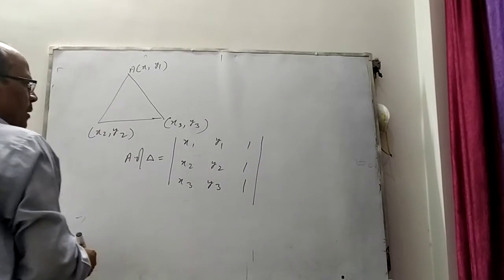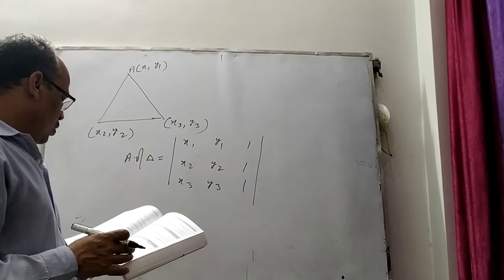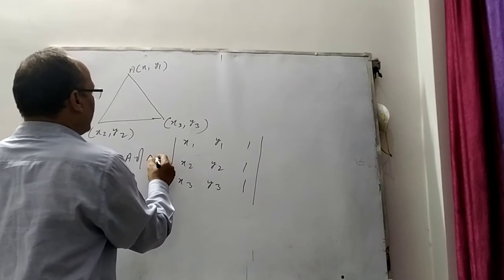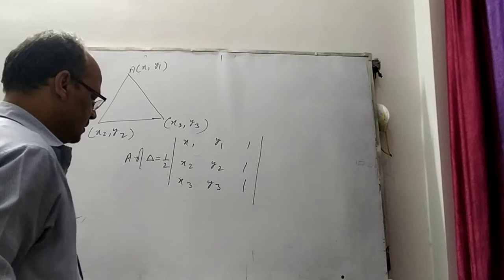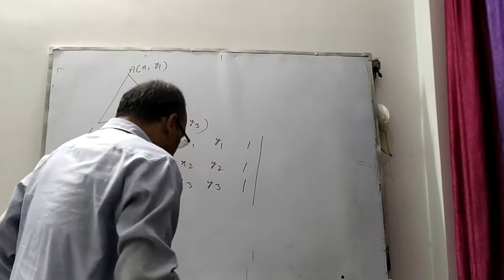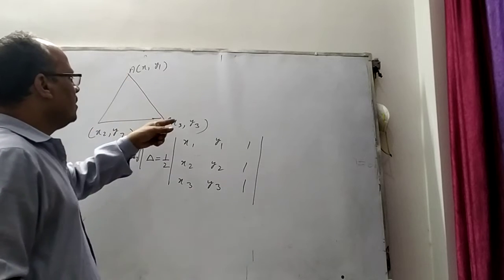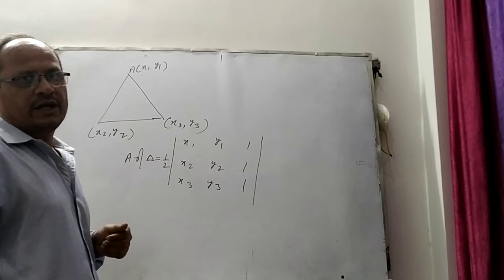You will solve this. You will expand, you will find this value. Then you can get area of triangle. Area of triangle 1 by 2 you will take here. If area of triangle equal to 0, then these points are in a straight line, means these are the collinear points.